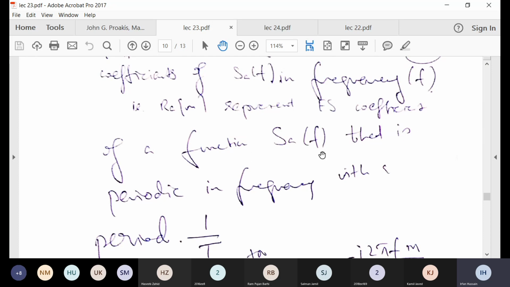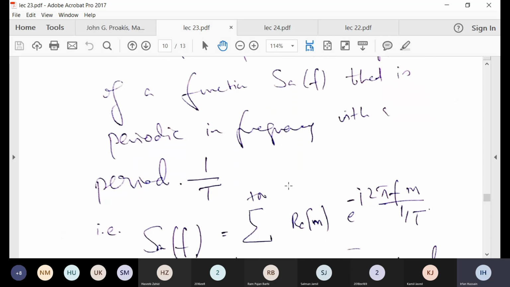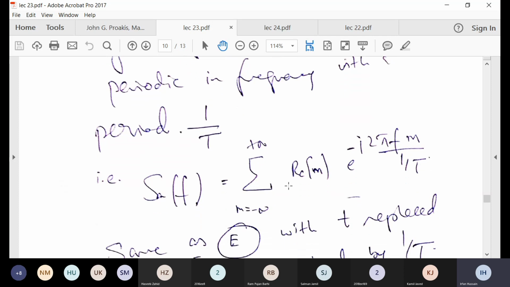For this equation of SAF, there is periodicity in frequency. Now it is periodic in frequency. There, they are periodic in time, but here it is periodic in frequency, and the period comes out to be 1 over T. So I can write my SAF as that, T comes here, right?